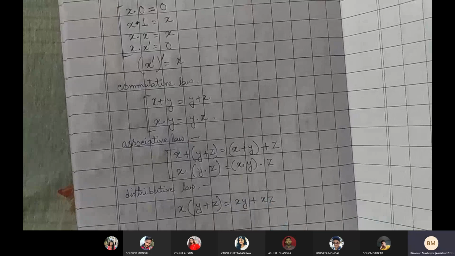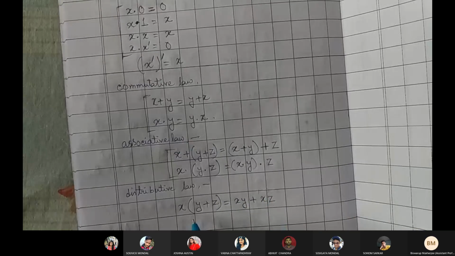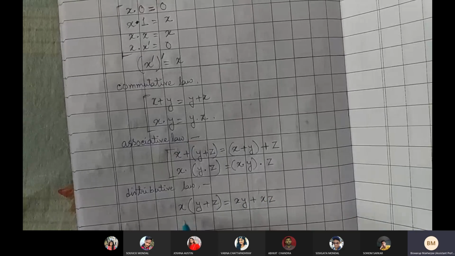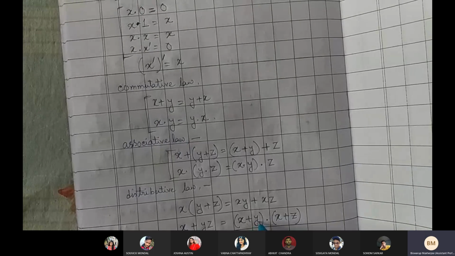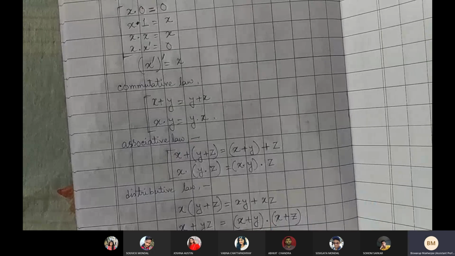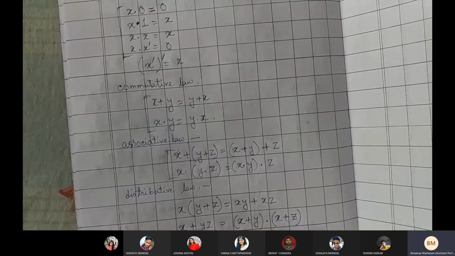As simple as that. And this is also another one. X plus yz can be written as x plus y dot x plus z, right? So x plus y dot x plus z. This is called a distributive law, and also we are having some other laws.